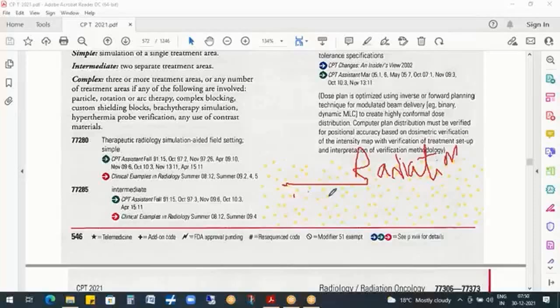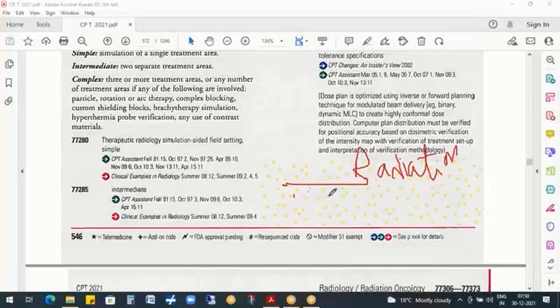Now, when we get a question on radiation oncology, what are the key terms we need to look for? Planning, simulation, delivery, management.